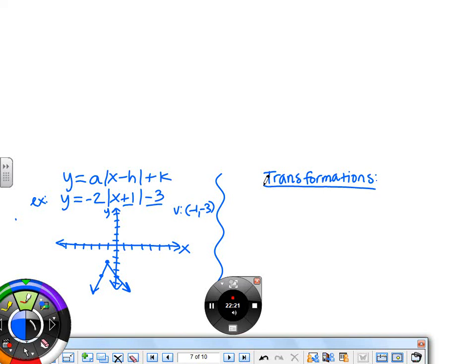So someone tell me one way that this graph has been transformed from the parent graph. Yes? Okay, good. So would we call that a vertical reflection or a horizontal reflection? We went from up to down, so we had a vertical reflection. Okay.